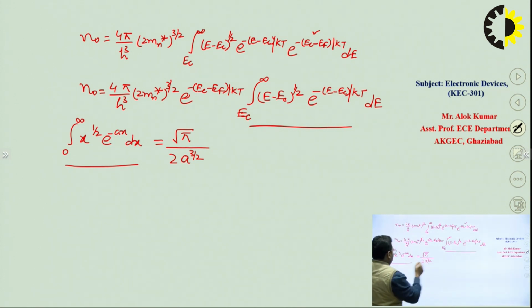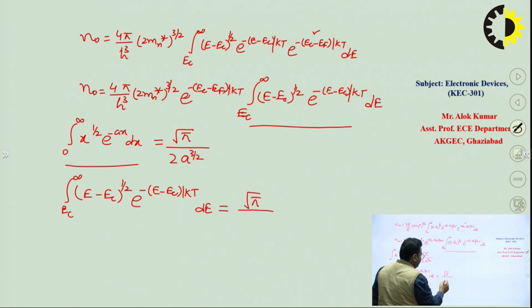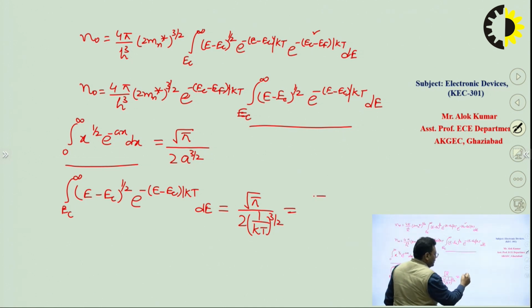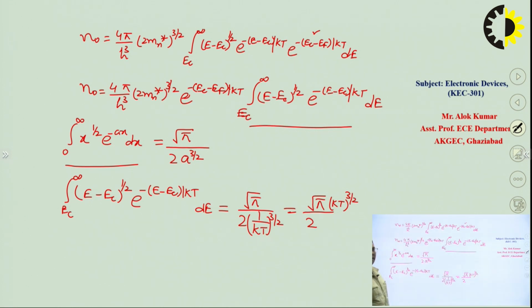I can write integration from EC to infinity of (E minus EC) to the power 1 by 2 into e to the power minus (E minus EC) divided by KT with respect to dE, and it will be equal to under root pi divided by 2 into 1 upon KT to the power 3 by 2, or it can be written as under root pi divided by 2 into KT to the power 3 by 2, right?